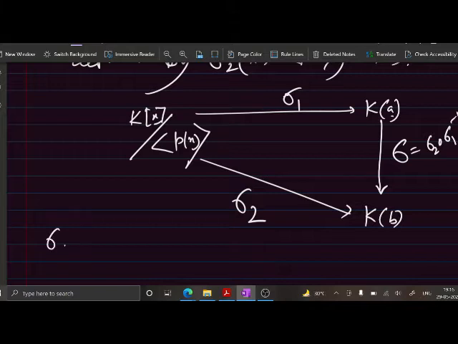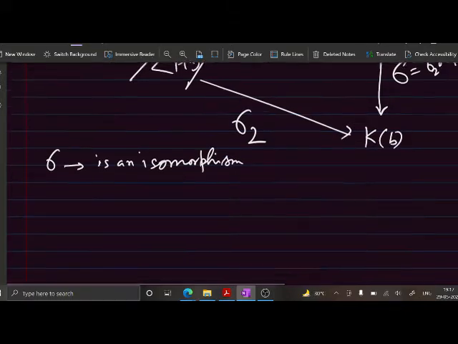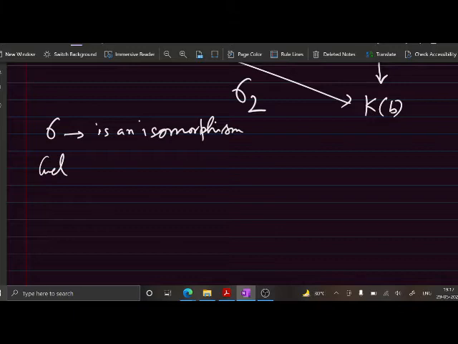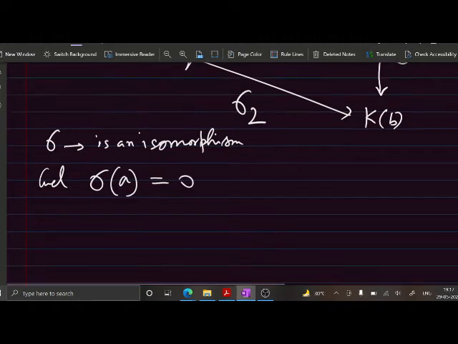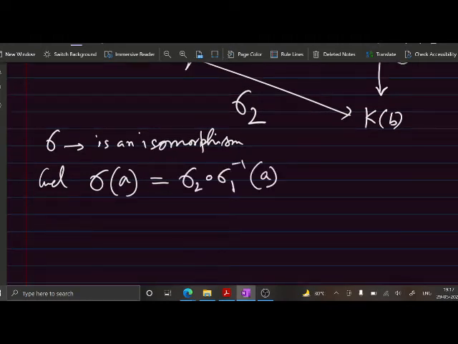This sigma is an isomorphism, right? And not only that, what is the value of sigma at a? This is sigma 2 composed with sigma 1 inverse at a.